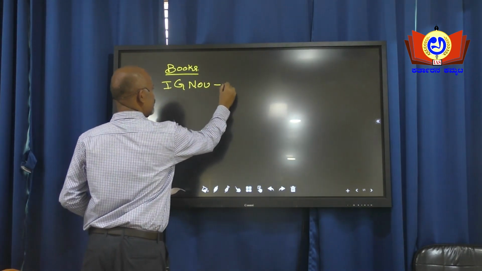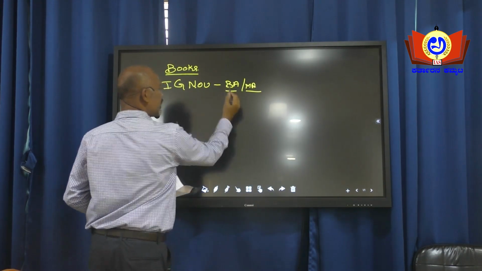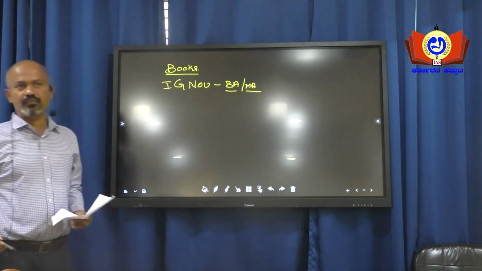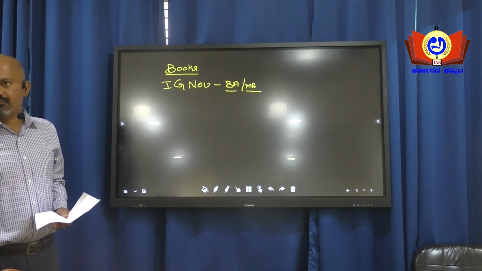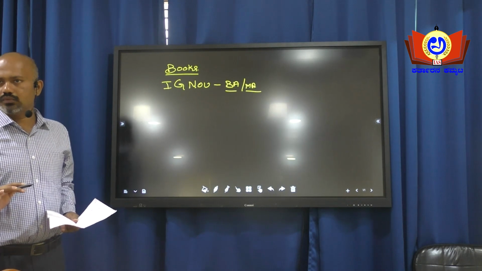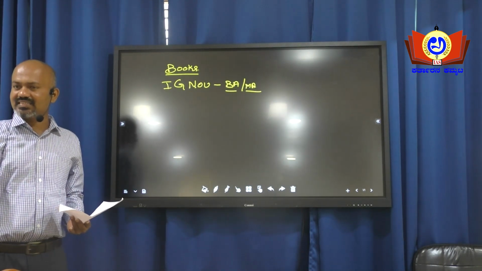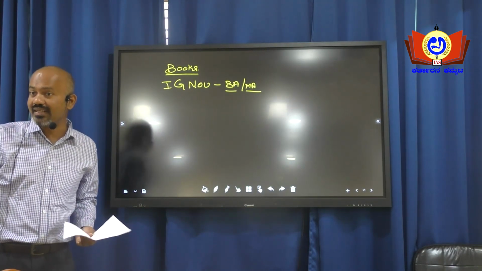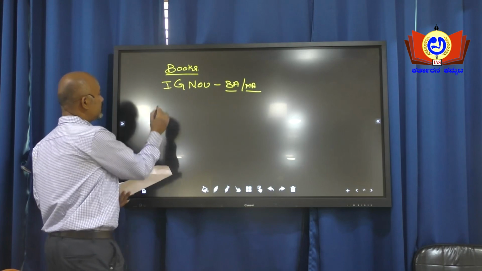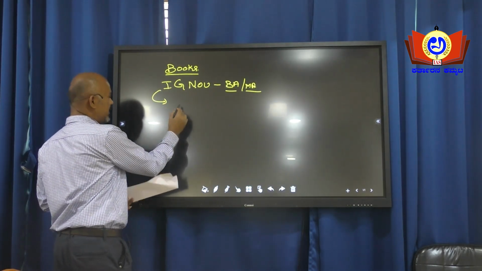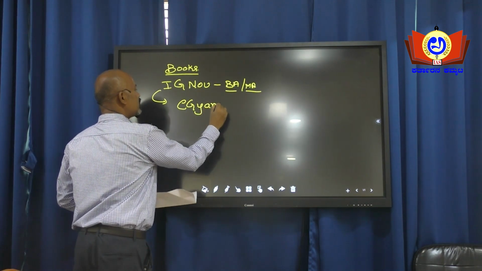IGNOU materials, BA as well as MA. Relevant chapters and content you can pick and study. If it is too time consuming for you, you can go for other materials. If you have time, only then go for it. If you are not getting content for particular segments, or are not satisfied with the material or books, you can go for IGNOU. For IGNOU, there is one website, eGyanKosh.